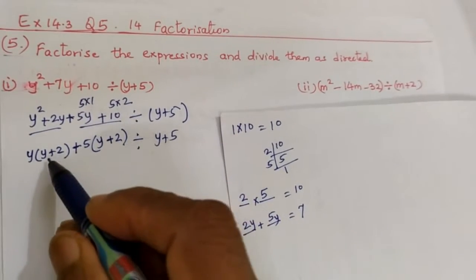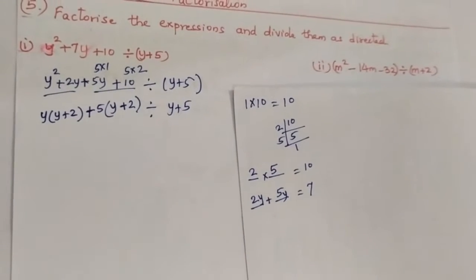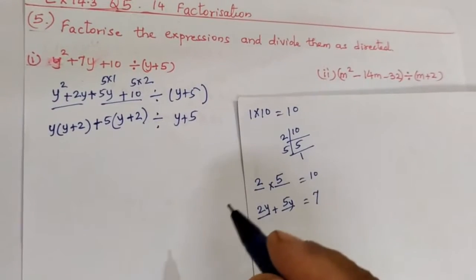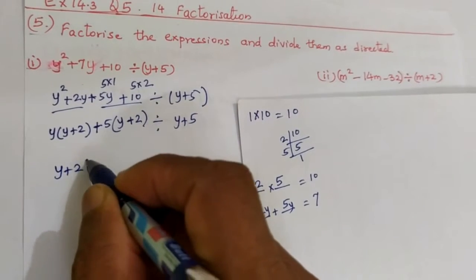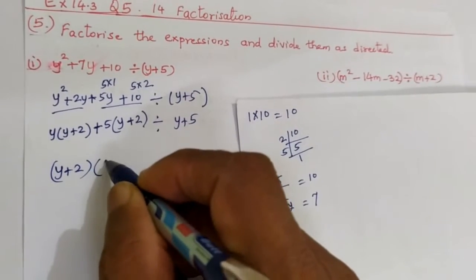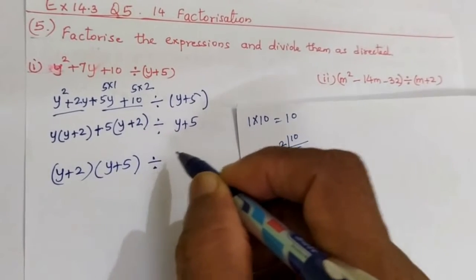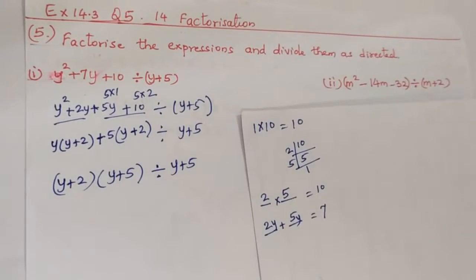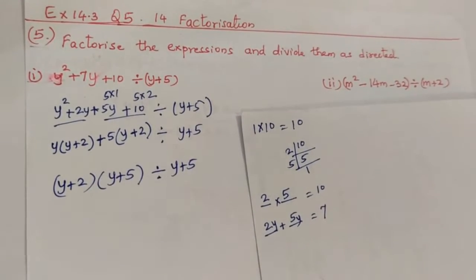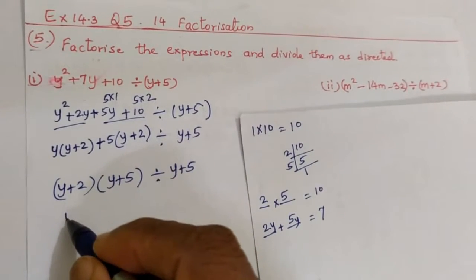So we'll write down y plus 2, which is in two places. We will write this y plus 2 into the bracket y plus 5, divided by y plus 5, in the form of numerator and denominator.